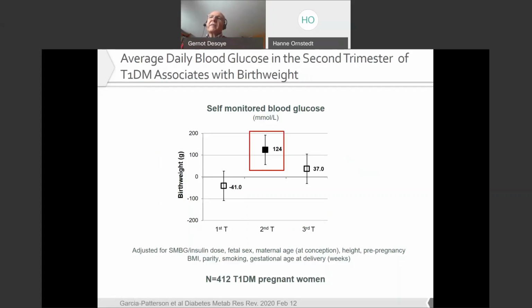But when they did the same analysis for the second and third trimester, it turned out that in the second trimester, the self-monitored blood glucose levels in type 1 diabetic women associated with birth weight. And that would somehow suggest that there may be an effect of hyperglycemia on early placental growth, resulting in reduced growth. And that once the placental constraint on fetal growth is released, the hyperglycemia may then stimulate fetal growth by whatever mechanisms in the second trimester and later on.